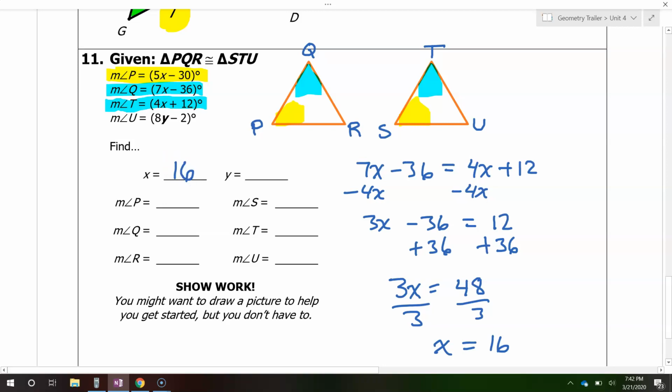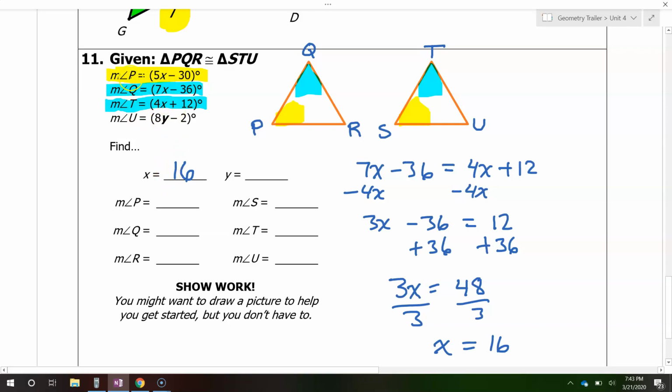All right, now, what can I find with that? So I now know that x is 16, so I should be able to find any of these expressions that involve x.